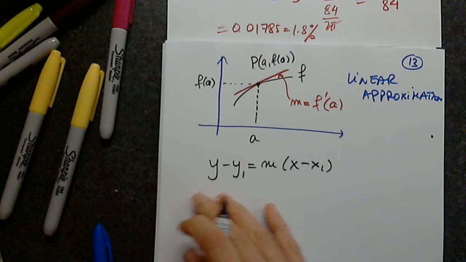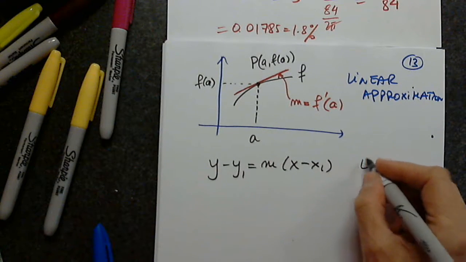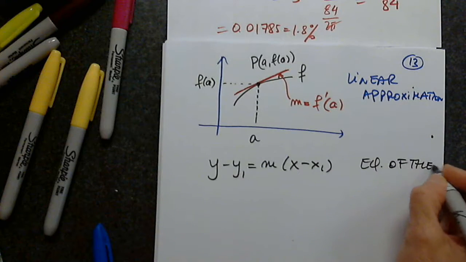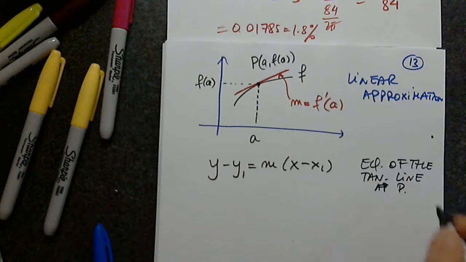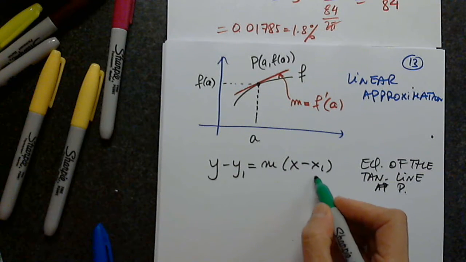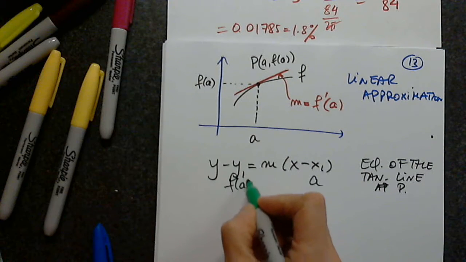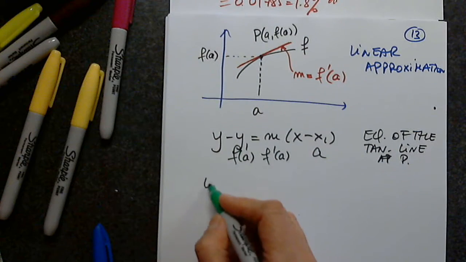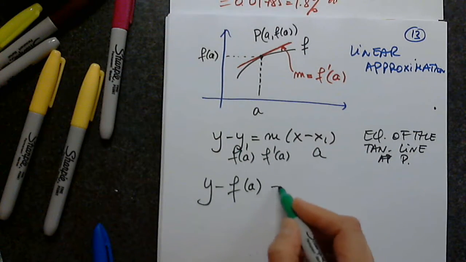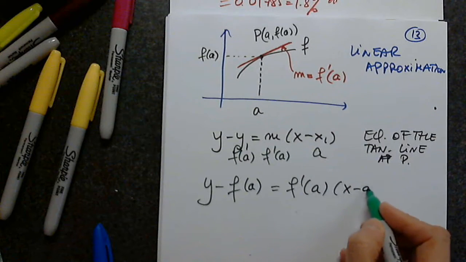I would like you to use the point slope form to give the equation of the tangent line at P. So please tell me what to write. What do I put here? A. What do I put here? What do I put here? Perfect. So then, y minus f of a equals f prime of a times x minus a.